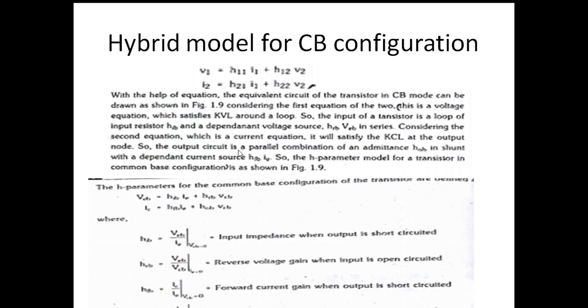So the input of the transistor is a loop of the input resistance HIB, that is input impedance, and the dependent voltage source HRB VCB in series. Later I will show.